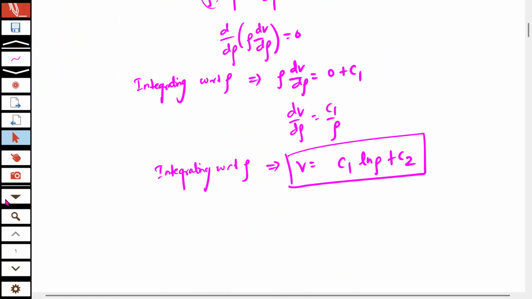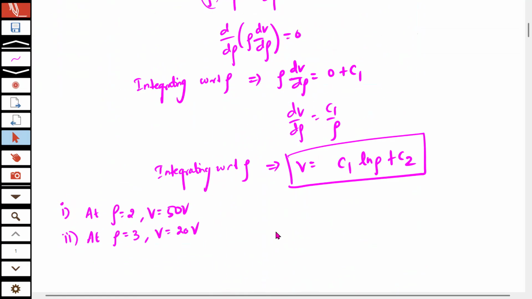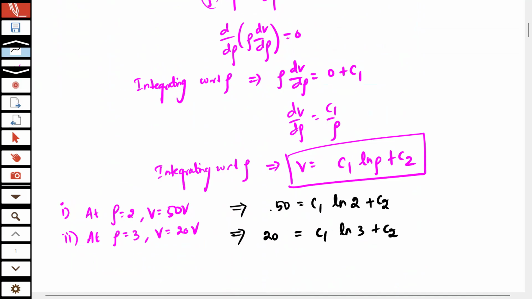By applying these boundary conditions, we will get the constants C1 and C2. First boundary condition gives 50 equals C1 logarithm 2 plus C2. The second boundary condition gives 20 equals C1 logarithm 3 plus C2. Now solving these two equations, you'll get constants C1 and C2.